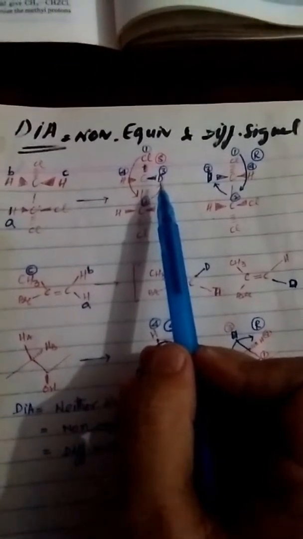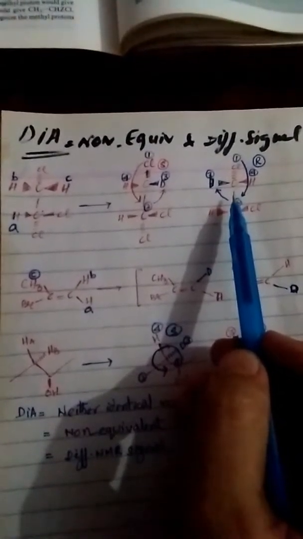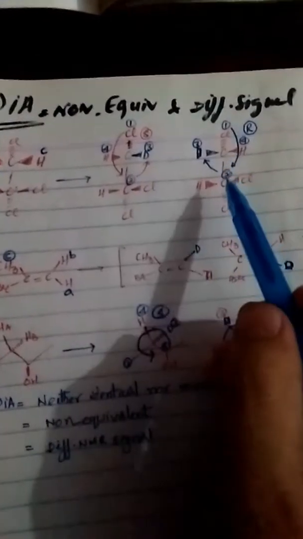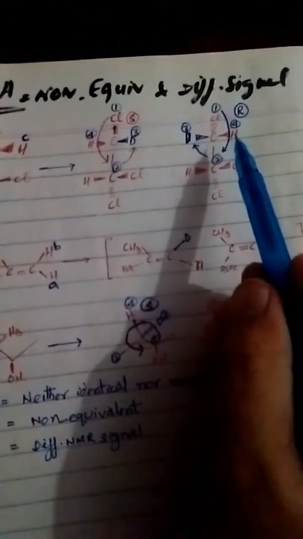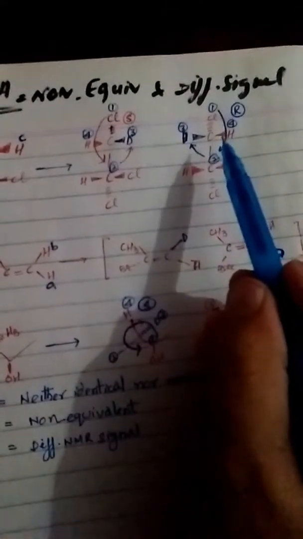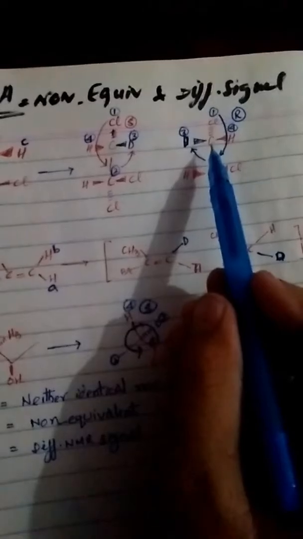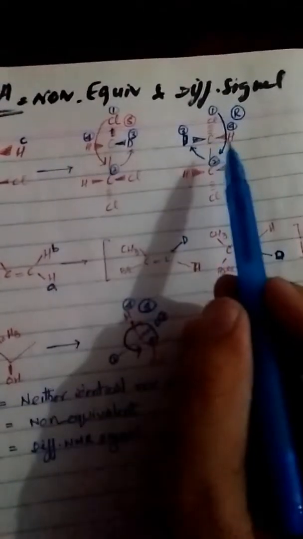And when the same B proton is replaced, we get this type of enantiomer, and on rotating by our system, this shows configuration S, and this carbon shows configuration R. So this carbon and this carbon differ in terms of their R and S configuration.